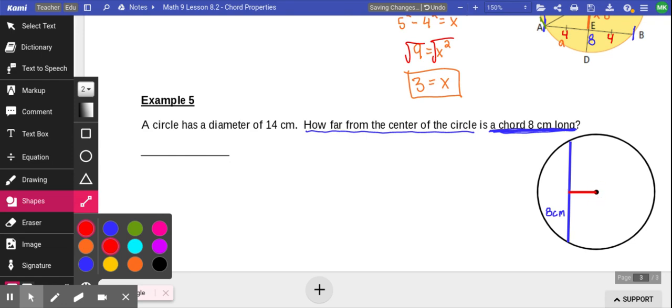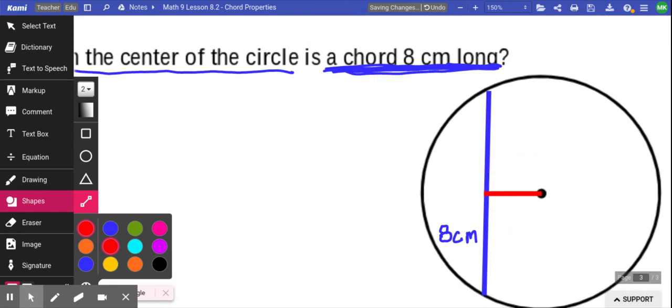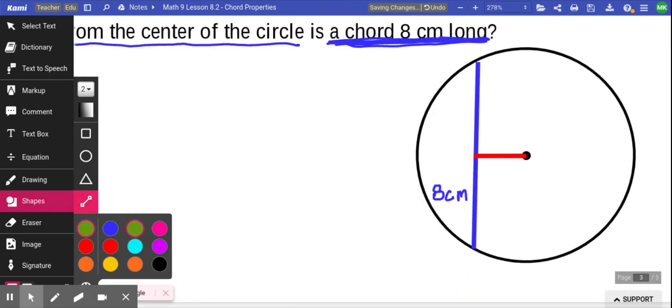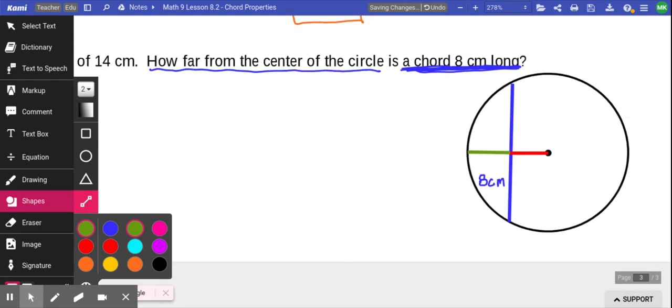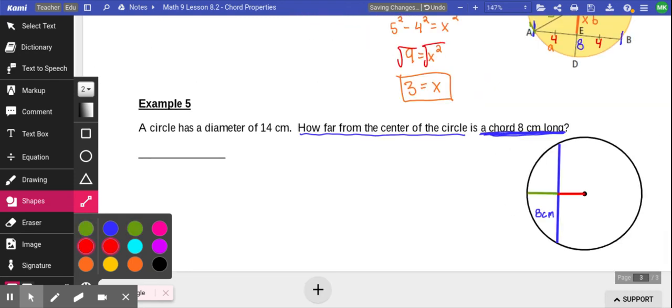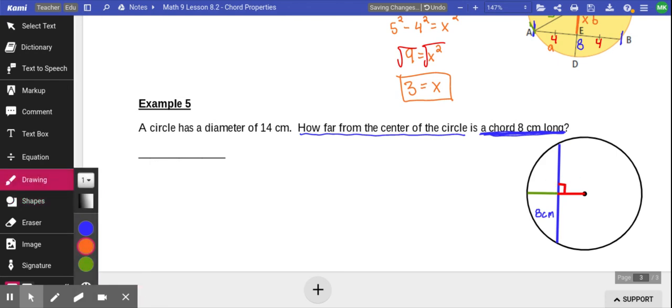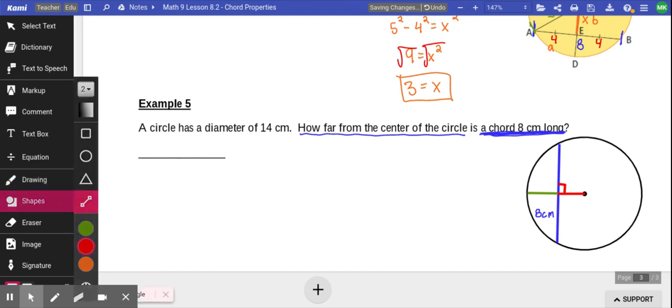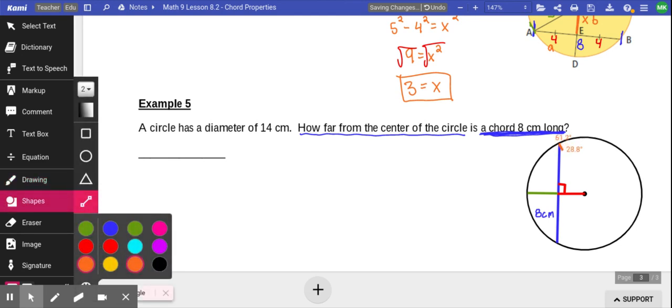How far away is it? If we were to take that line and extend it like this, that would actually be a radius. And because that's a radius, we then know that this is a 90-degree triangle. And I also know I could draw another line that's a radius, so I could create a 90-degree triangle like that.